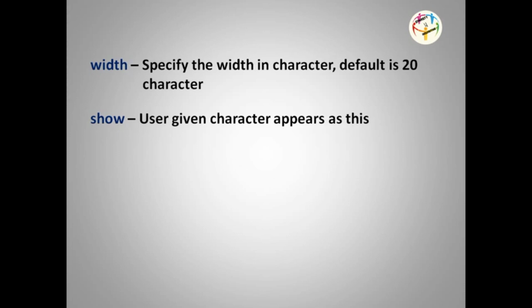So we know that password is of asterisk type, or it can be displayed as an asterisk. So using show parameter we can specify our required character. So user given character appears like this.